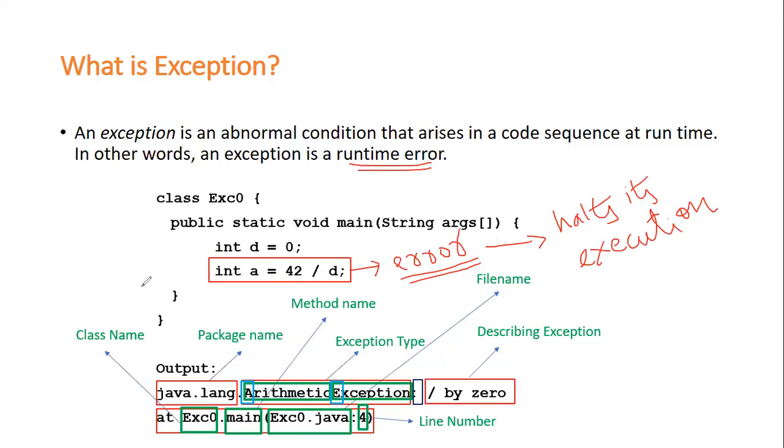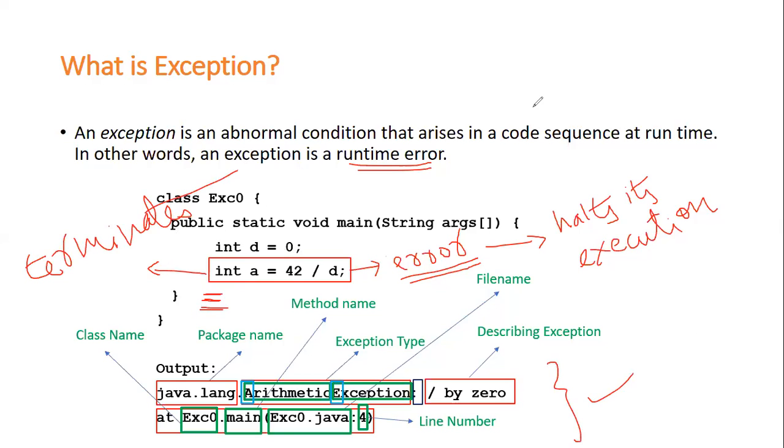What is halting? It means I'm not going to continue. Since this line is throwing an error, my program terminates abruptly. Why does my program terminate? Because there is a runtime error. Whenever there's a runtime error, my program does not continue to the next statement. So whenever there's an error, my program terminates and it throws an exception.